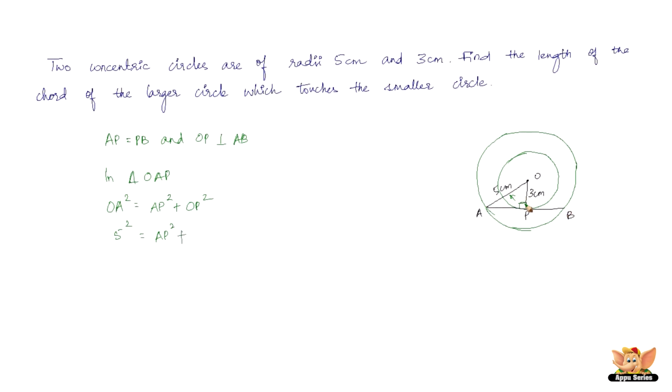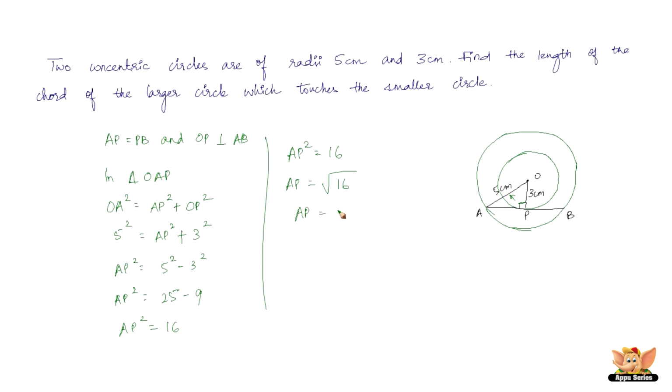So AP square plus OP square, where OP is 3, is 3 square. So we've got AP square as 5 square minus 3 square. And you've got AP square as 25 minus 9. So therefore you've got AP square equals 16. Now if AP square equals 16, AP equals square root of 16, right?